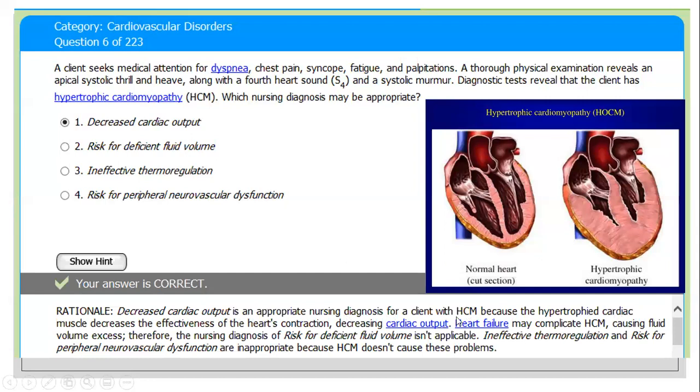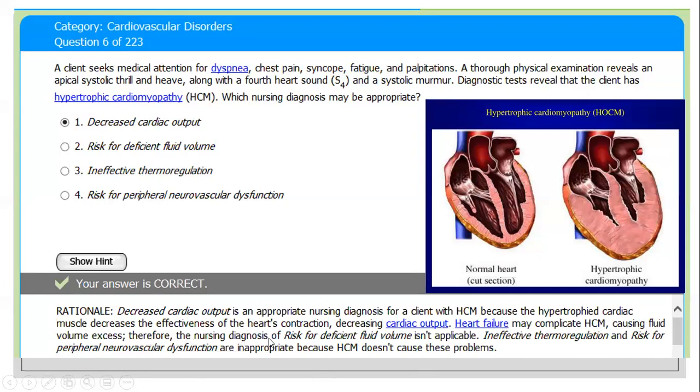hypertrophied cardiac muscle decreases the effectiveness of the heart contraction, and also decreases the cardiac output. Heart failure may complicate hypertrophic cardiomyopathy and cause fluid volume excess.